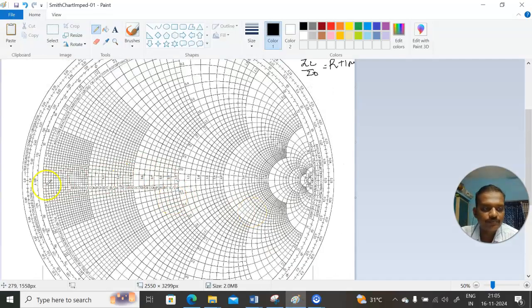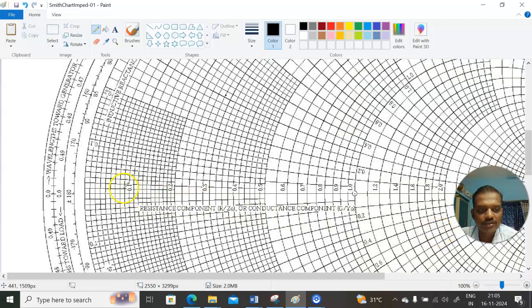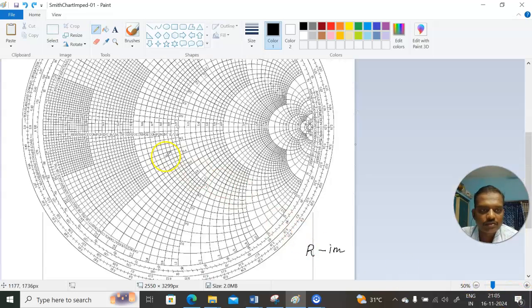If you compare our Smith chart with a regular graph, on the x-axis you can see a dark line on which values are marked as 0.1, 0.2, 0.3 and so on.